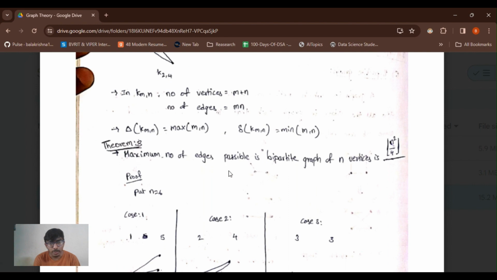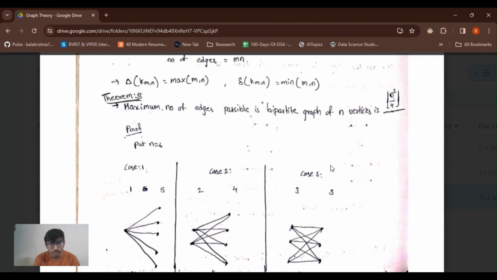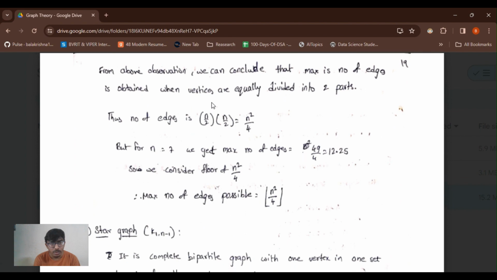Theorem 8. Maximum number of edges possible in a bipartite graph with n vertices is n square by 4. From the above observation, we can conclude that the maximum number of edges is obtained when vertices are equally divided into two parts.